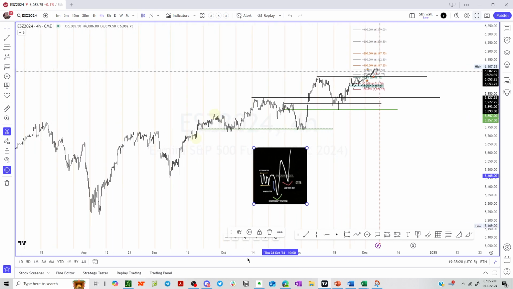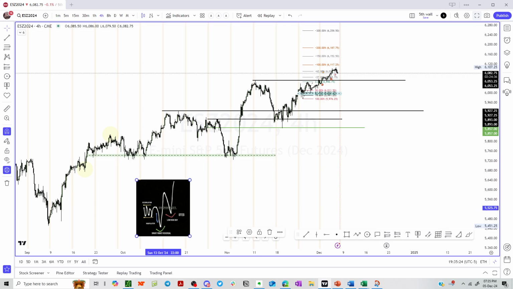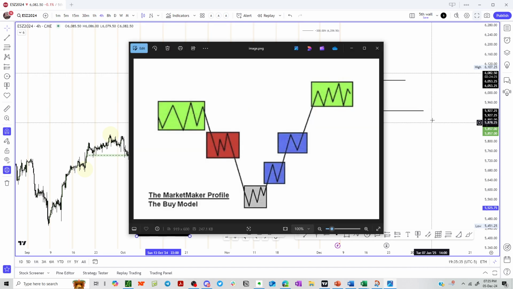There's multiple of these on the chart, but this buy model is relevant right now.